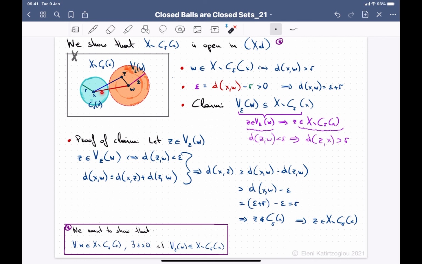We know something about one of the sides of the triangle, the distance between X and W. We know something about the other side of the triangle, which represents the distance between Z and W. So this distance is equal to epsilon plus R. This distance is less than epsilon.